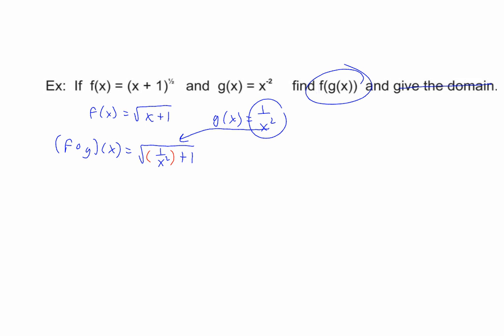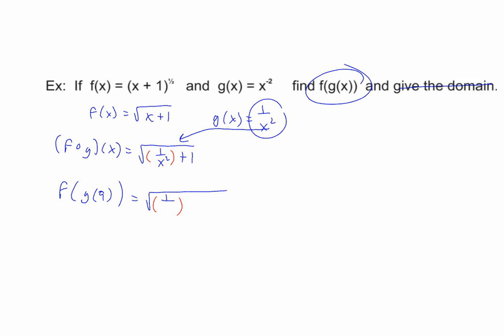What if perchance we did f composition g of, oh, let's see. Let's do 9. So everything would be the same, right? The difference would be on the bottom.